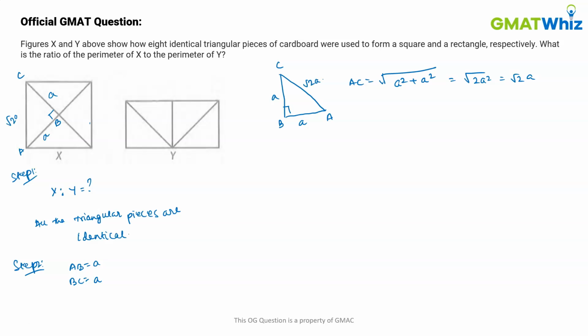Now since this is a square, the perimeter of the square, that is the perimeter of x, will be 4 times the side.